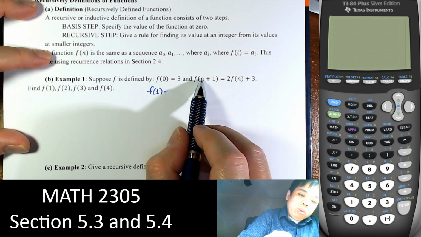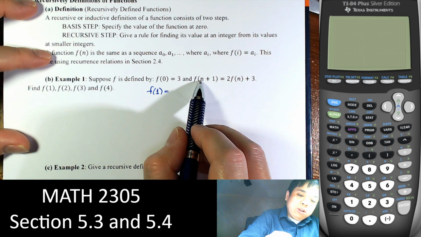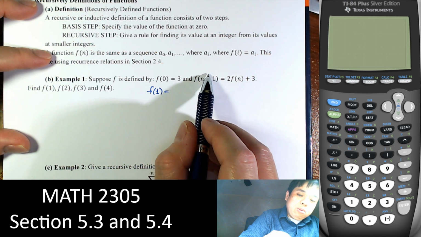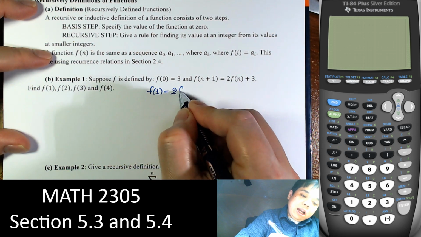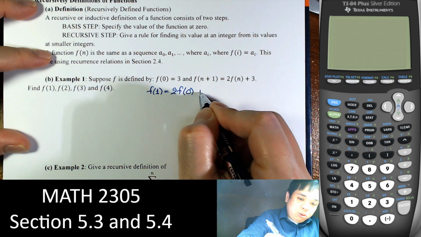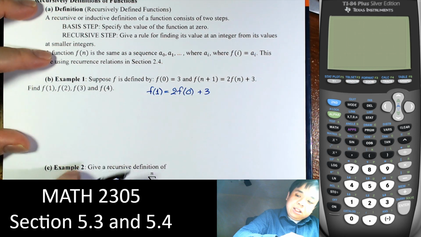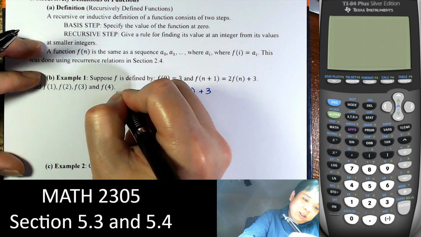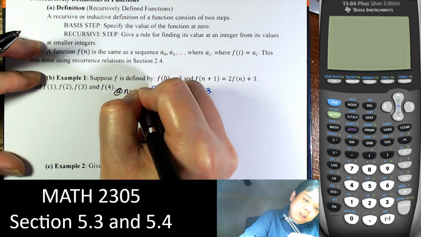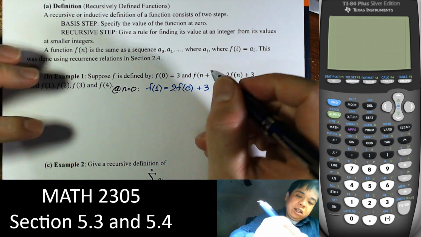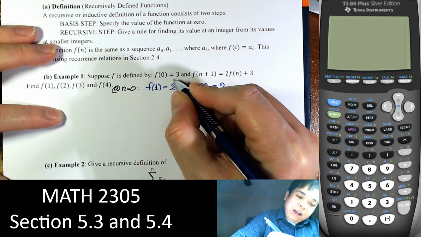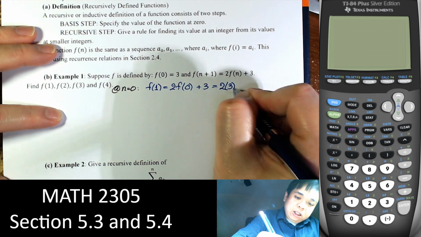If we want 1, we let n equal 0, so 0 plus 1 is 1, and then it will be 2 times f of 0 plus 3. This is when n equals 0, and we substitute into here. So 2 times f of 0, which is 3, plus 3.